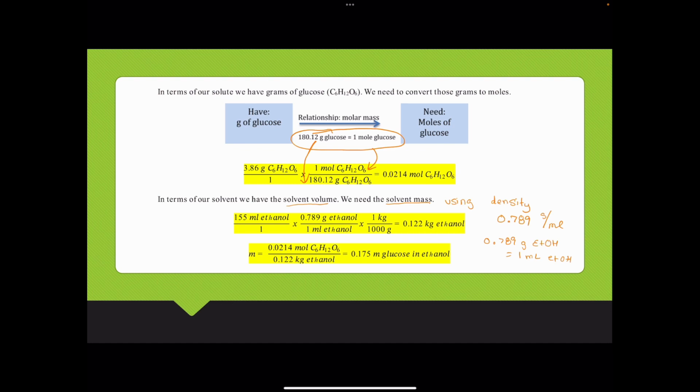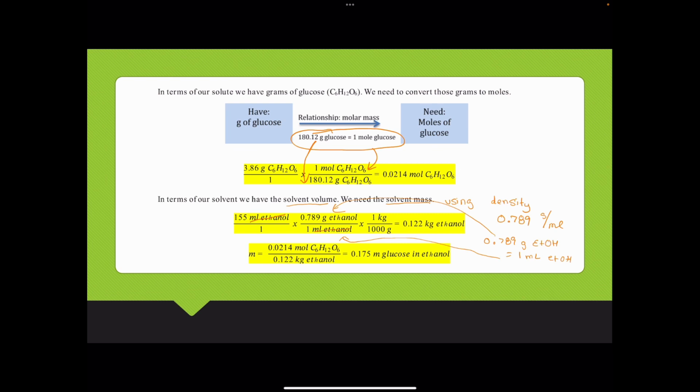So we set up our conversion. This time we need to cancel volume, so we're putting the volume side of that equality on the bottom, the gram side on the top. That way the milliliters cancel. We multiply our volume, 155 milliliters, times the mass, 0.789 grams per milliliter. That would give us grams of ethanol.